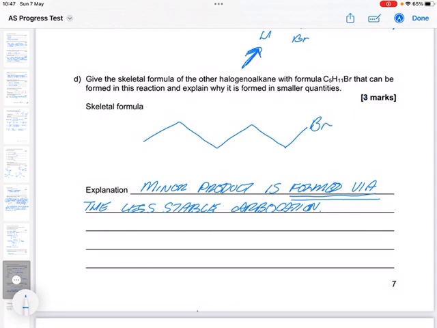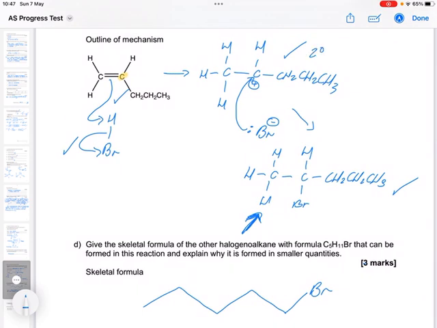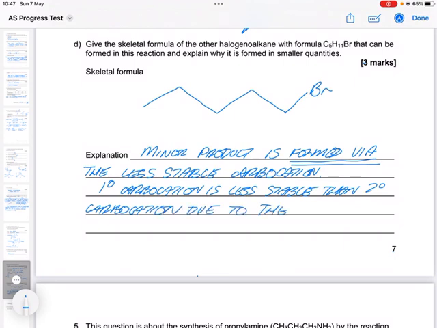Okay, so let's just go back and classify these. The carbocation here is a secondary carbocation. If the positive charge was on here, that would be a primary carbocation. So a primary carbocation is less stable than a secondary carbocation due to the positive inductive effect.